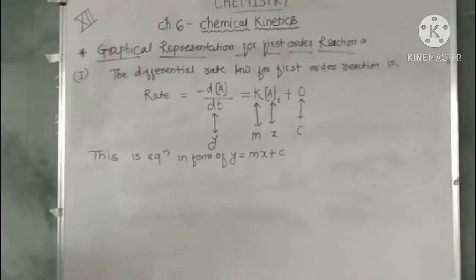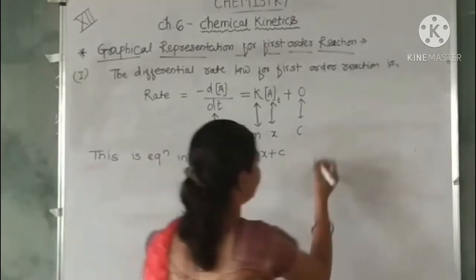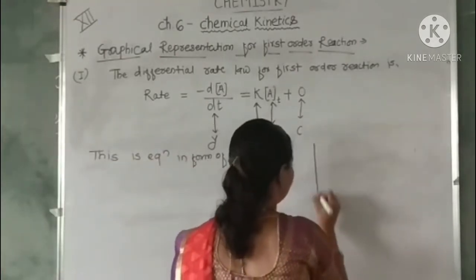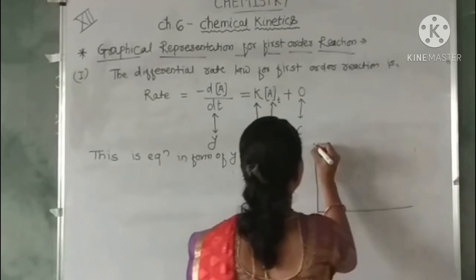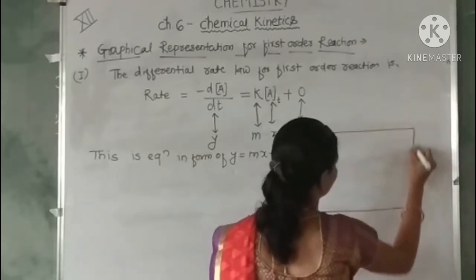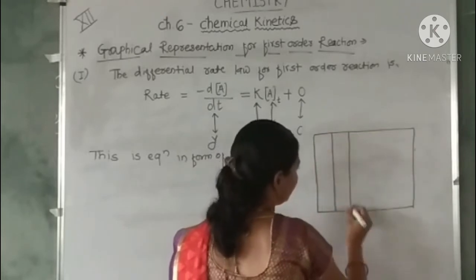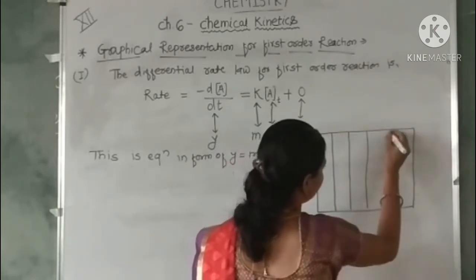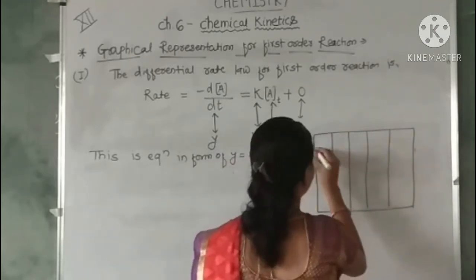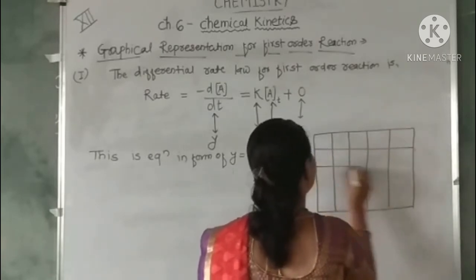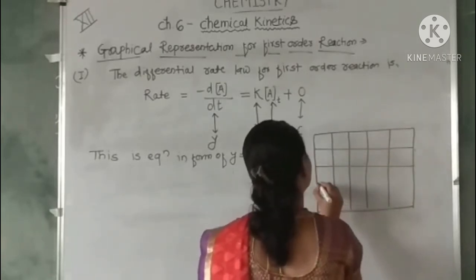If we plot rate versus concentration, see here in the graph. In this graph, we have to represent the straight line. This equation is in the straight line form, y is equal to mx plus c.